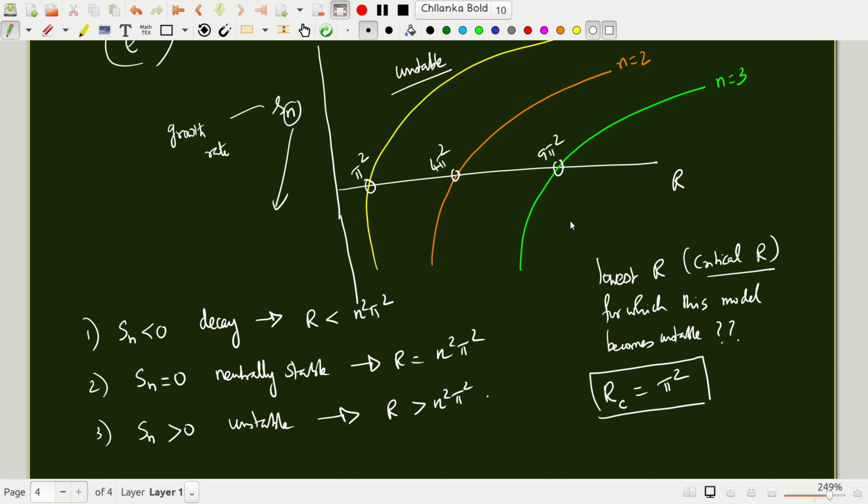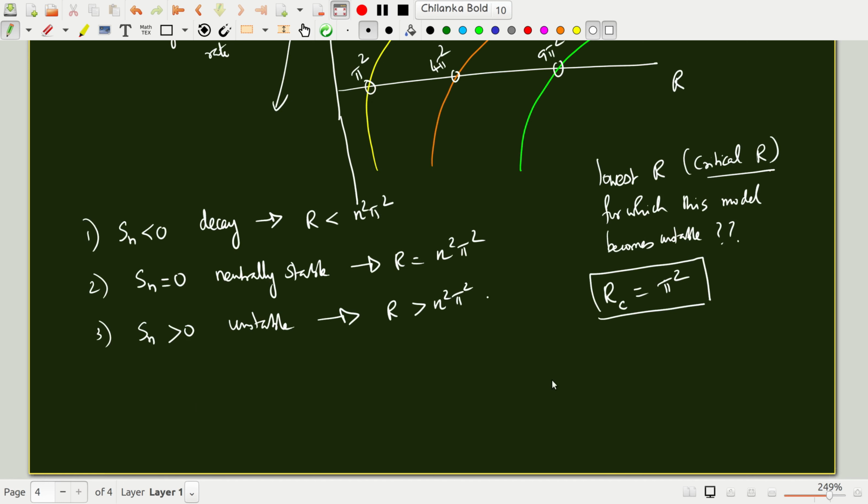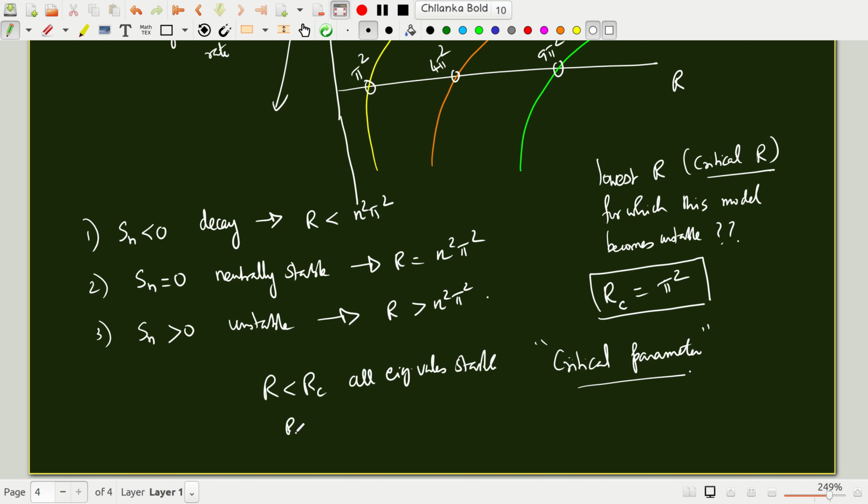Although there are higher modes, n is equal to 2, 3, 4 and so on, this is the lowest r for which the system becomes unstable. So this is called the critical parameter. In fluid mechanics, we will call this the critical Reynolds number. So for r less than Rc, all eigenvalues are stable. When r is just greater than Rc, just the n is equal to 1 mode is unstable, and all the other modes are stable.